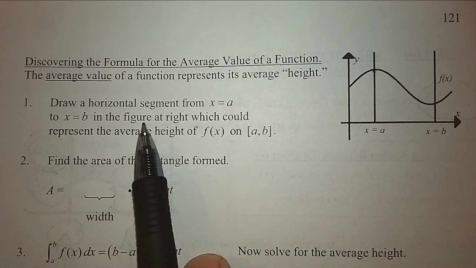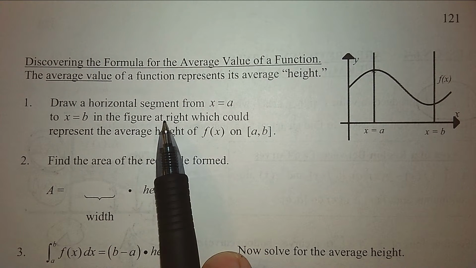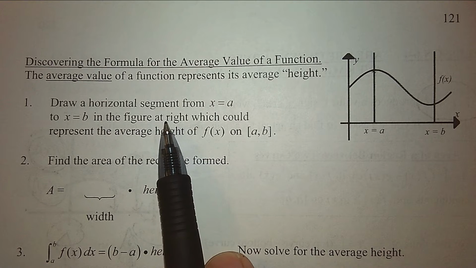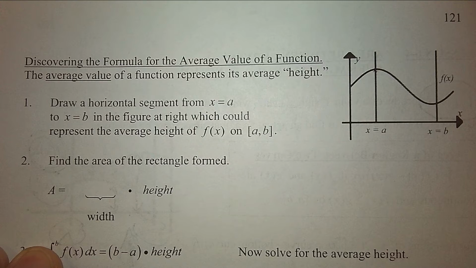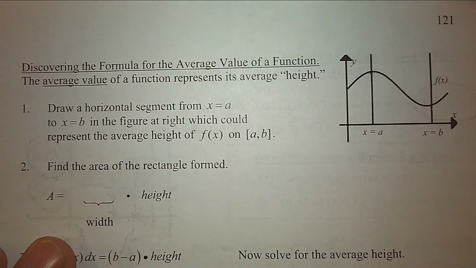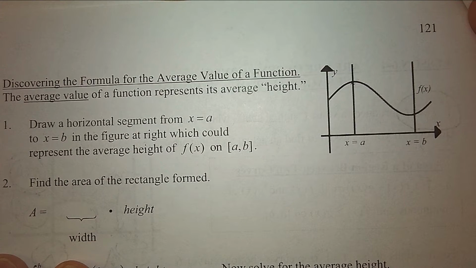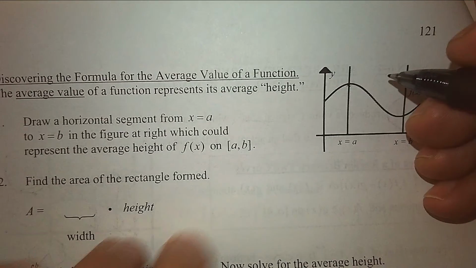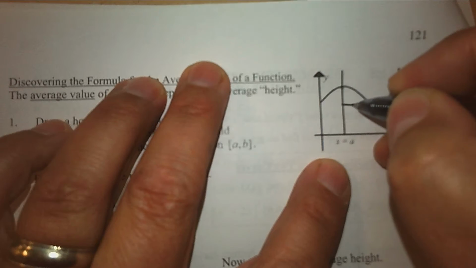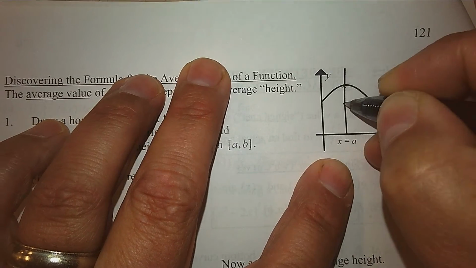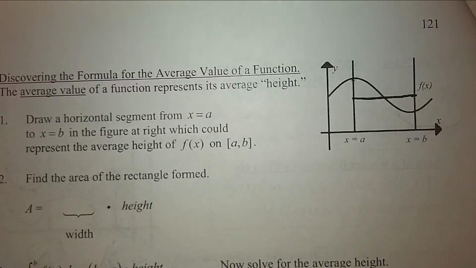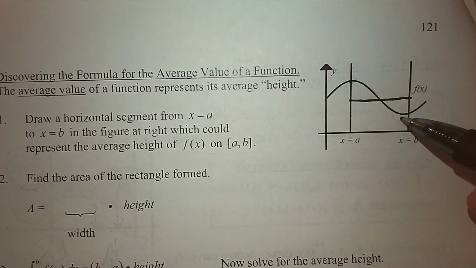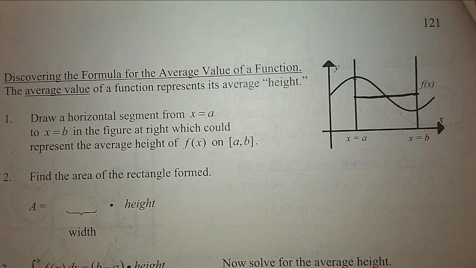So draw a horizontal line segment from x equals A to x equals B, which could represent the average height. So something in the middle, a horizontal line, so you have as much above as below.